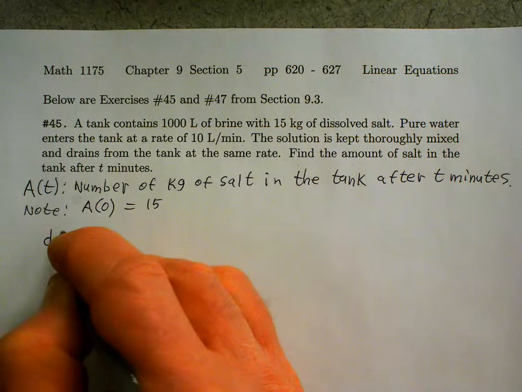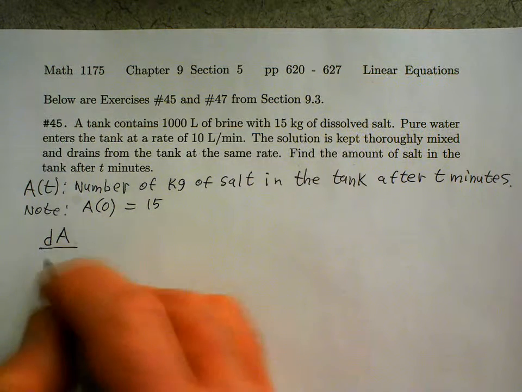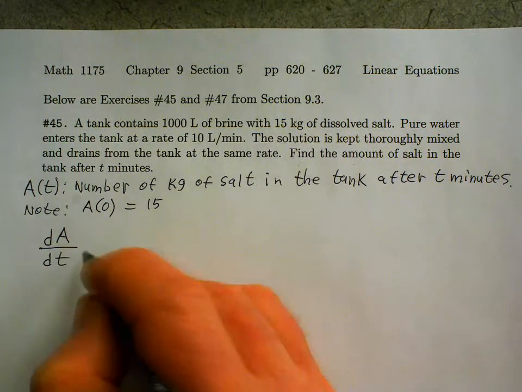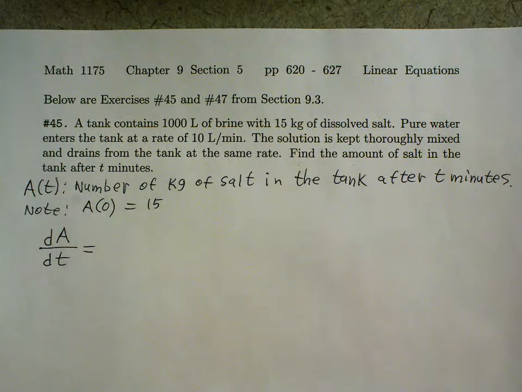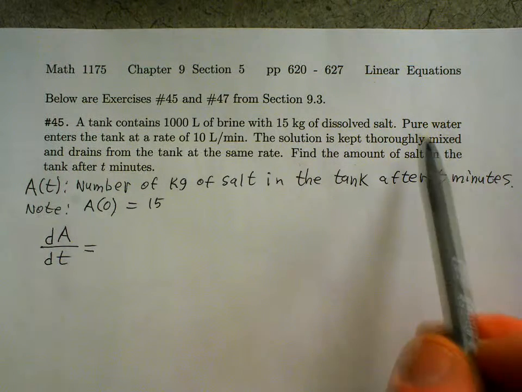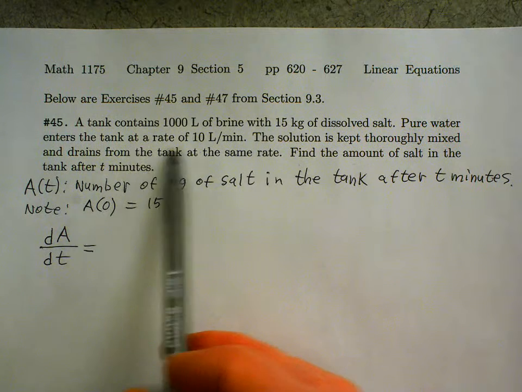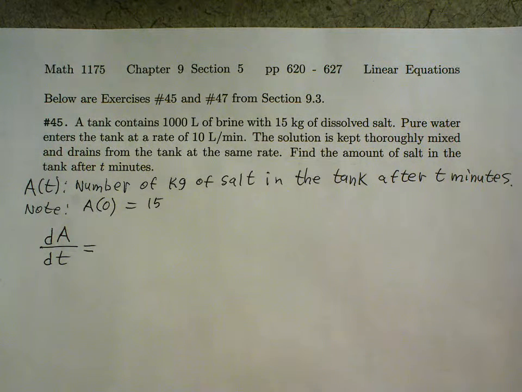Okay, well, the rate of change of the amount of salt with respect to time measured in minutes is described in the second and third sentences. So we're told that pure water enters the tank at a rate of 10 liters per minute. Well, pure water doesn't have any salt in it.